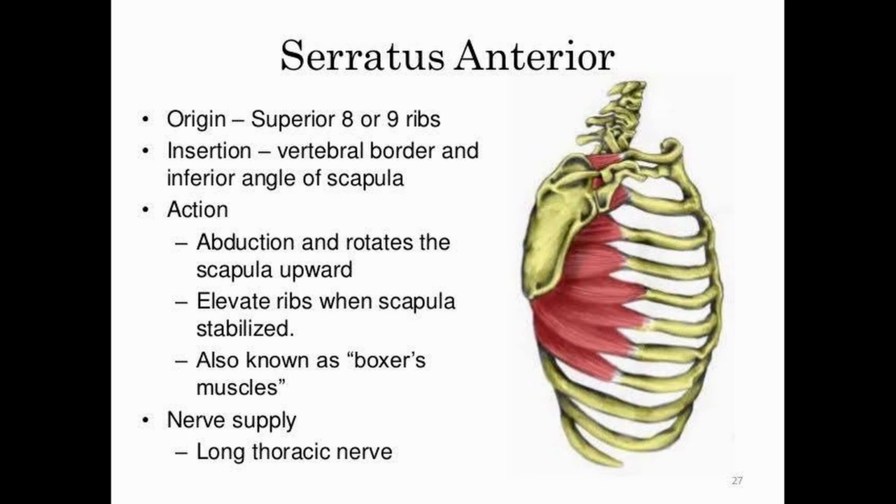Action of it is abduction and upward rotation of the scapula, and it elevates the rib when the scapula is stabilized. It is also known as the boxer muscle. In the viva examination, this question may be asked: which one is the boxer muscle? The serratus anterior muscle is the boxer muscle. The nerve supply of the serratus anterior muscle is from the lower thoracic nerve. So these are the muscles of the pectoral region.